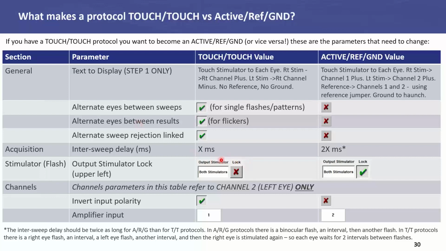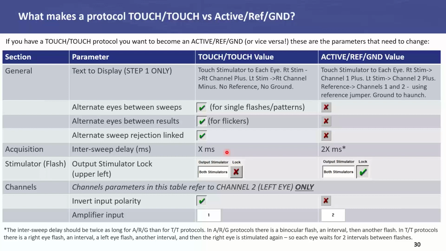The intersweep delay should be twice as long for an active reference ground protocol as it should be for a touch-touch. The reason for that is in active reference ground protocols, there's a flash on both eyes, and then there's the interval, and then there's the flash on both eyes again.